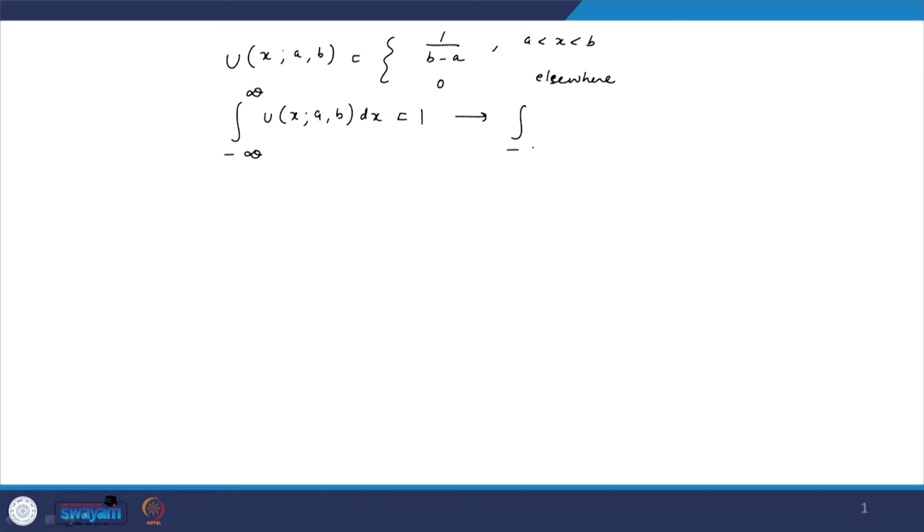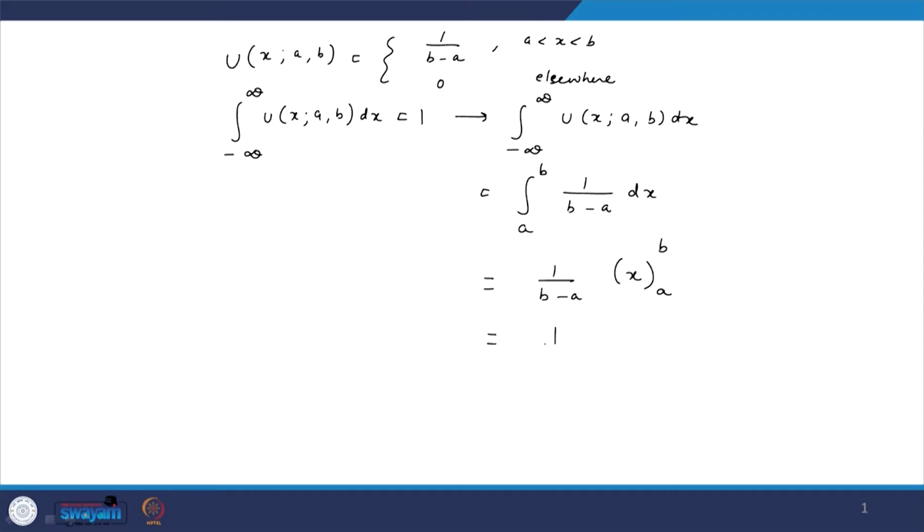This is the integral of U(x; a, b), which is equal to 1 upon b minus a from a to b and 0 otherwise. So it is further equal to 1 upon b minus a times the integral of dx, which is x from a to b, which is equal to 1. So quickly we can see that it is a distribution function.